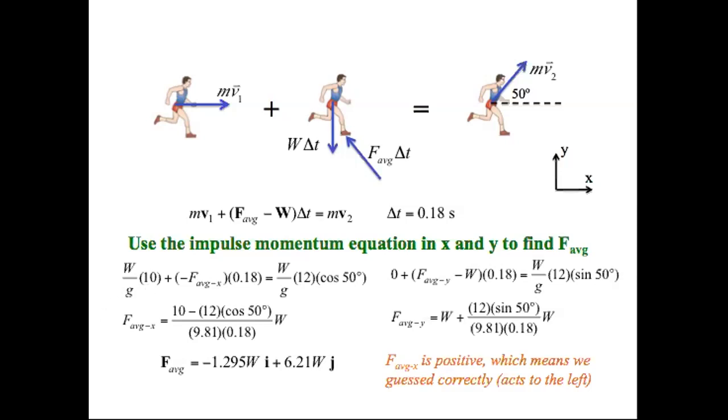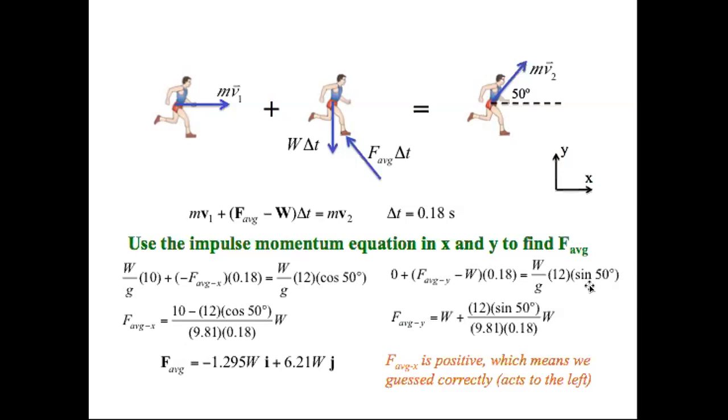The force exerted on the jumper in the x direction is the force of the ground on his foot. For the y direction, v1 is 0 and v2 is v2 sine 50 degrees.